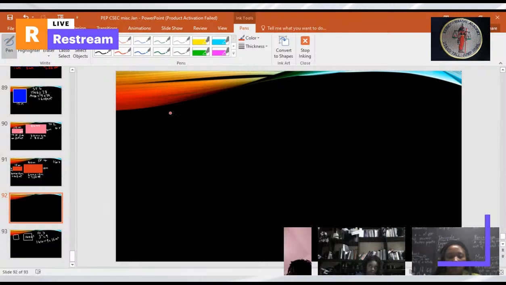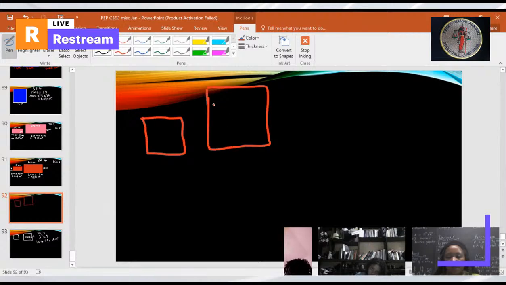So again, we have a small square and a big square. The area of the big square is 196. The scale factor is 2.